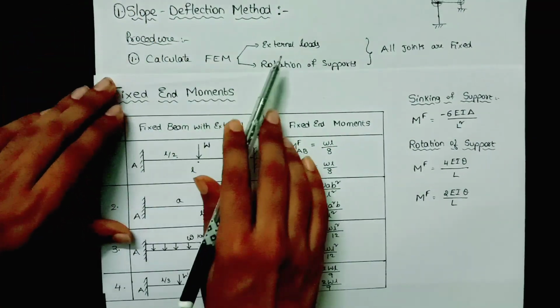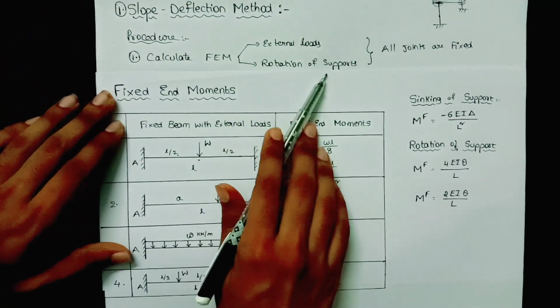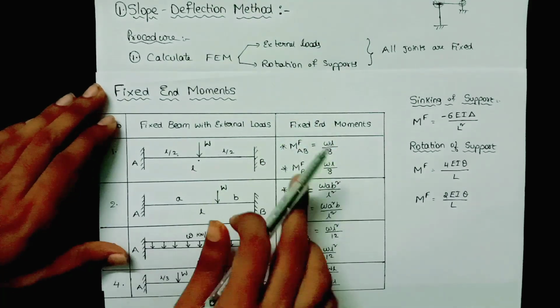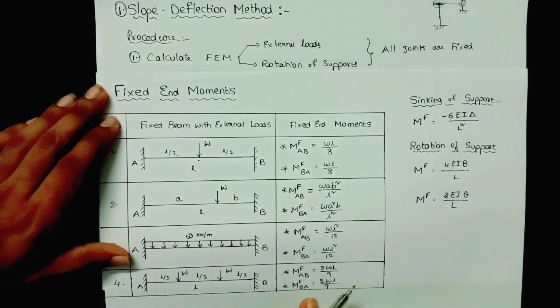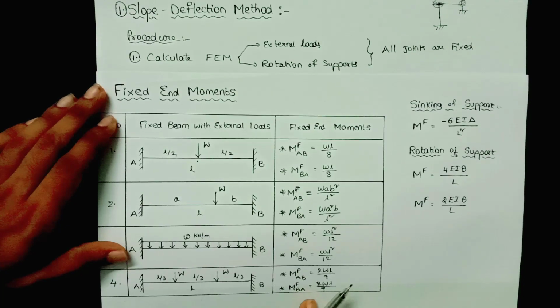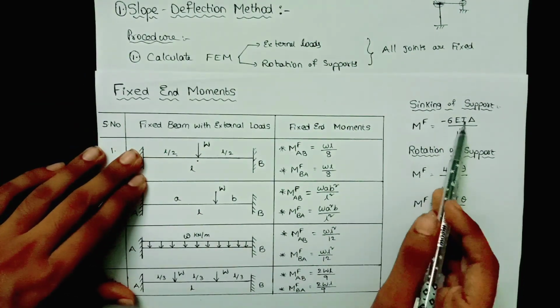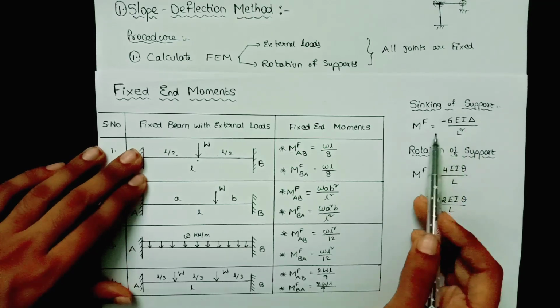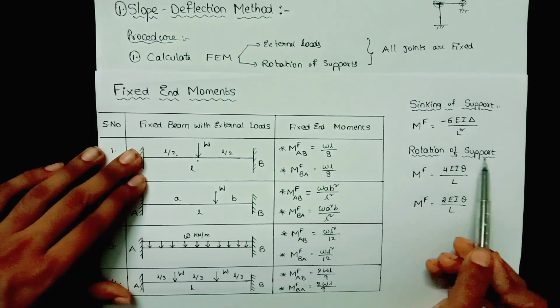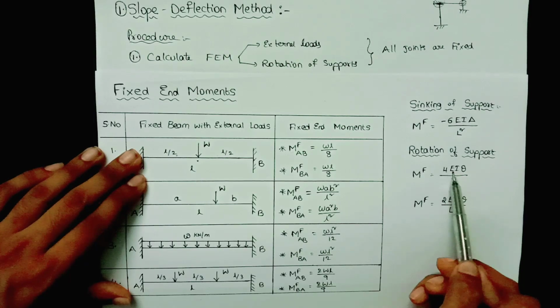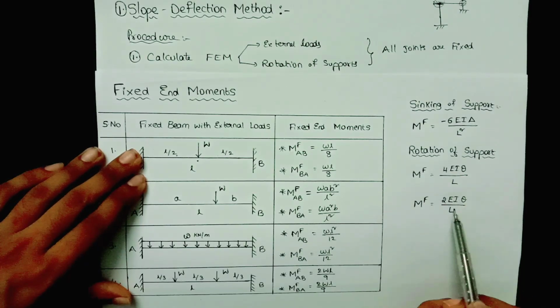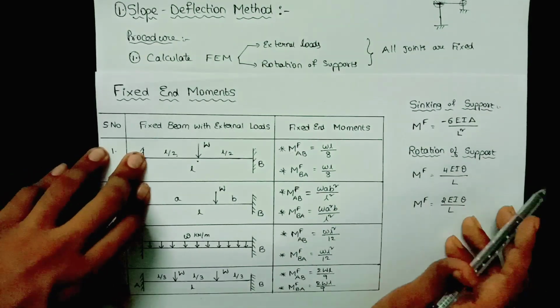As I have said previously, the fixed end moment may be due to the external loads, rotation of supports, or sinking of supports. These are the formulas we should use due to the external loads. If you are having any sinking of support, then this is the formula we should use at that member, at that joint. If you are having any rotation, then we should use 4EI theta by L and 2EI theta by L at that support.